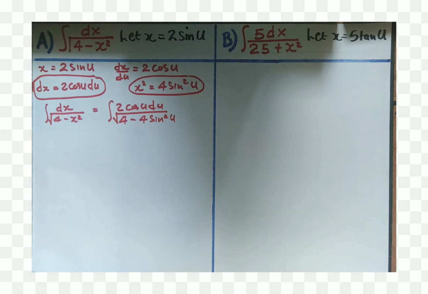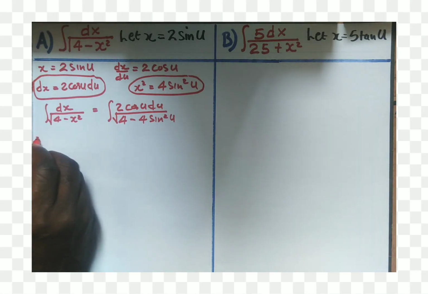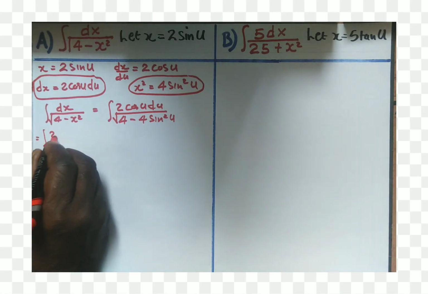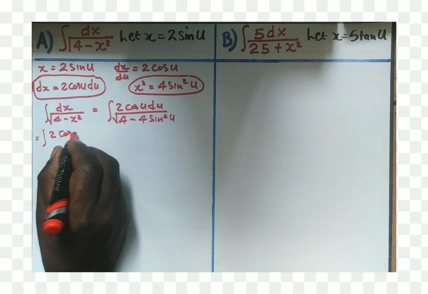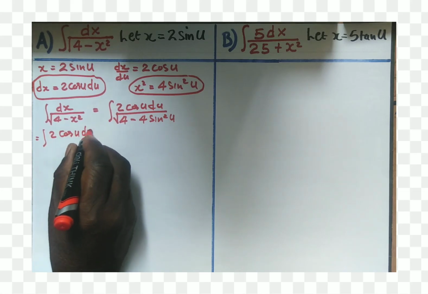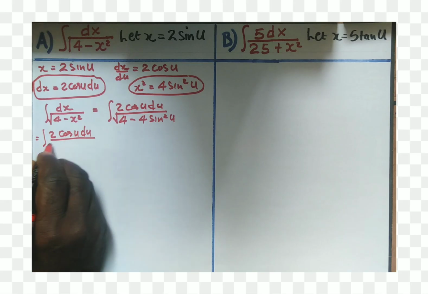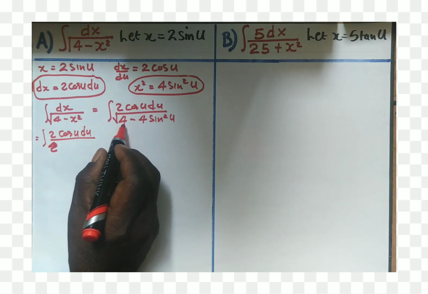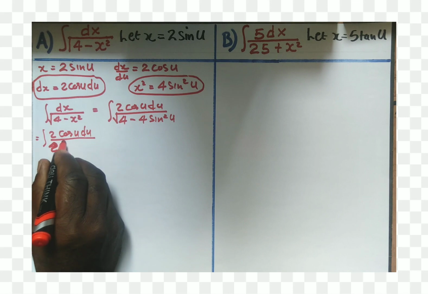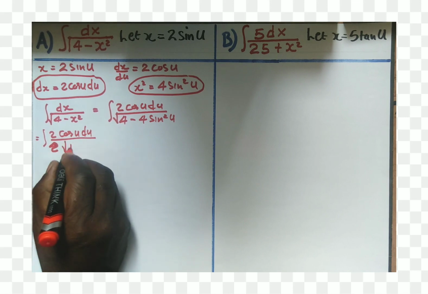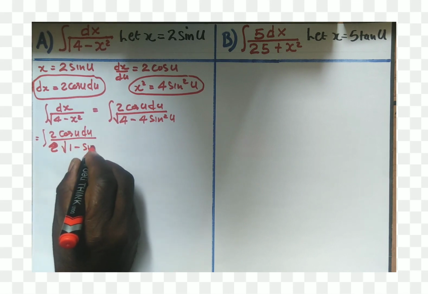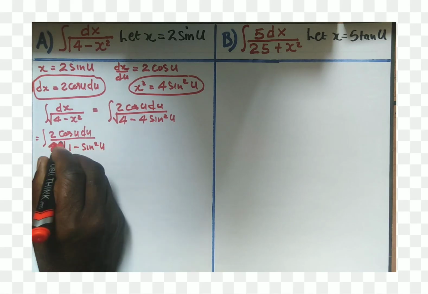Now we can factor out the 4 inside the square root sign to get the integral of 2 cosine of u du over 2, because remember the square root of 4, when we take it out of the square root sign, is 2. So that becomes 2 times the square root of 1 minus sine squared u.